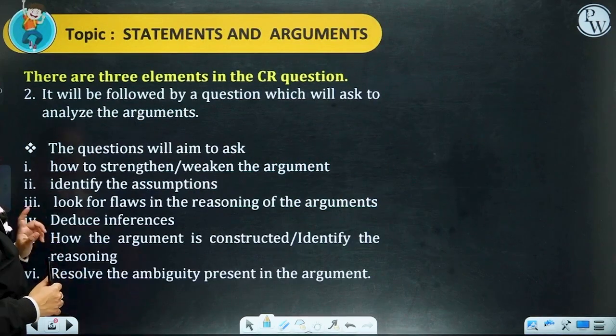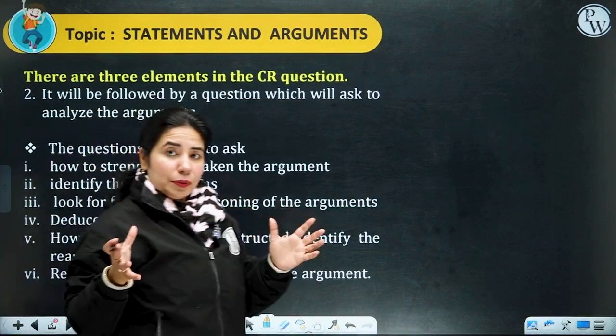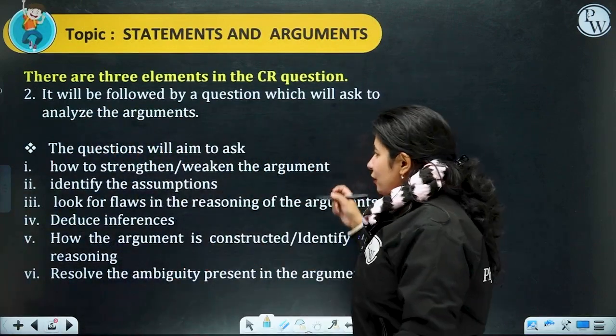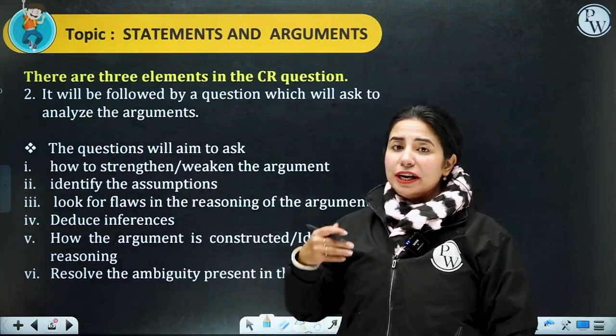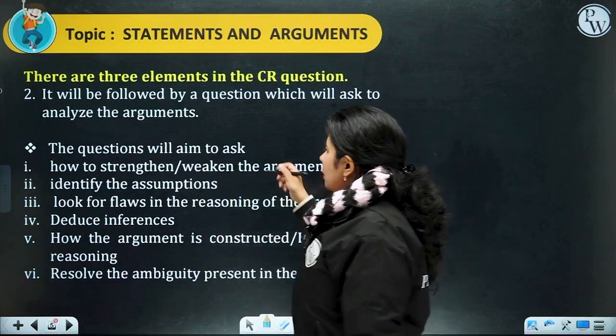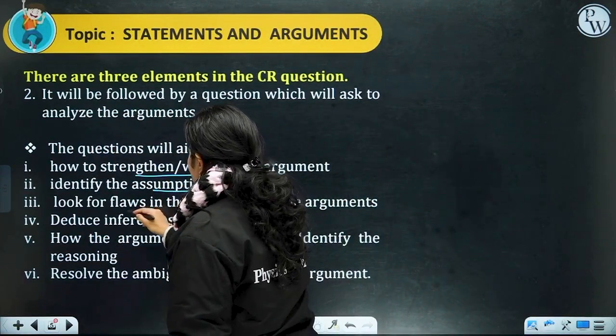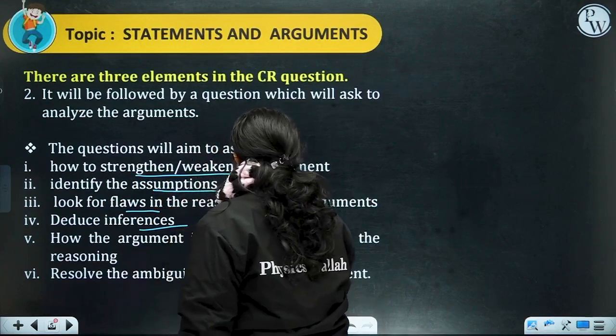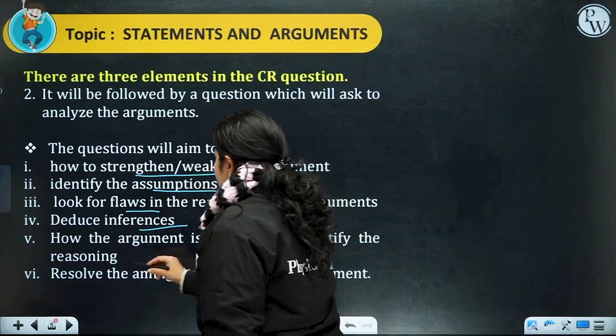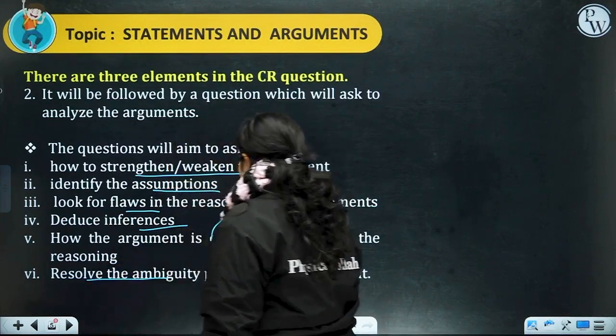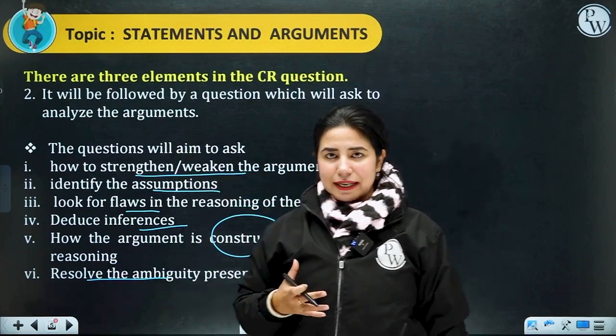So like I said, the first part is the argument or the passage. And these are various types of questions that you are going to encounter in the exam. There can be questions based on strengthening, weakening, assumptions, flaws, inferences, structure, bold-faced reasoning, and then paradox questions. So these are major categories that you get in the exam.